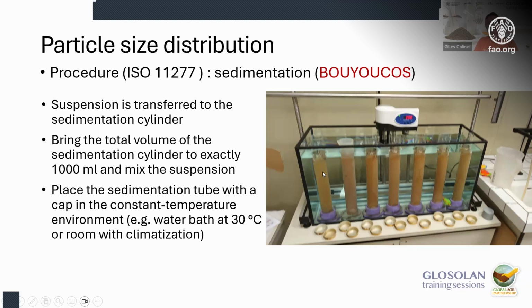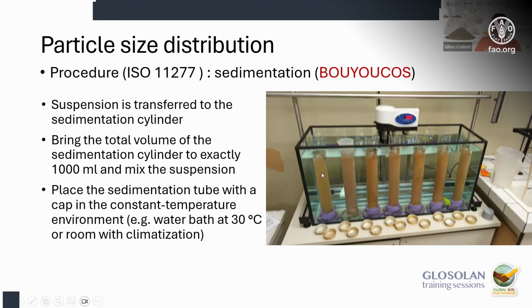Or if you are more in a hurry, you can take the suspension at 5 centimeters, and you wait something like 3 hours. So there are different kinds of possibilities. The idea is to do the same for every sample, same procedure.